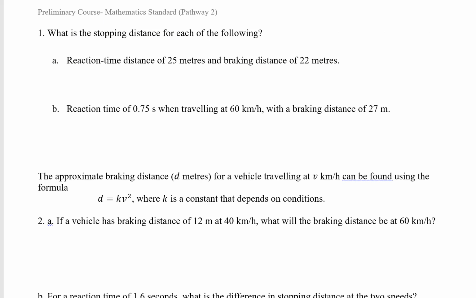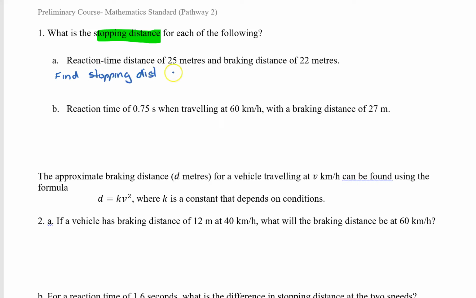Let's have a look at these examples, and we're going to use our problem solving techniques. We need to read through them a couple of times, highlight important aspects, and then attempt our solution. So it says, what is the stopping distance? That enables me to write, find stopping distance.